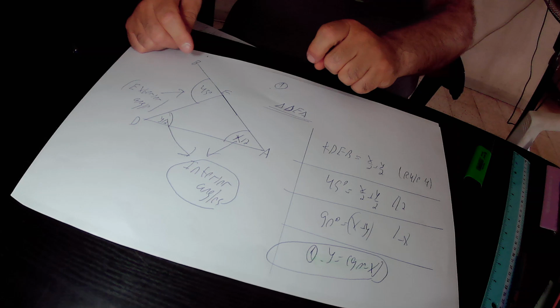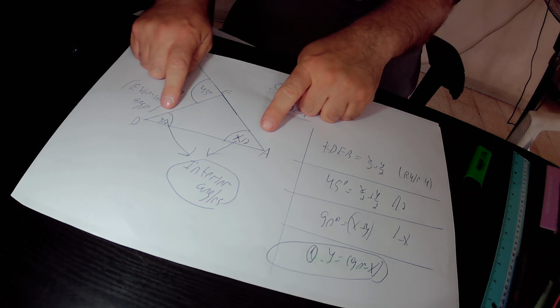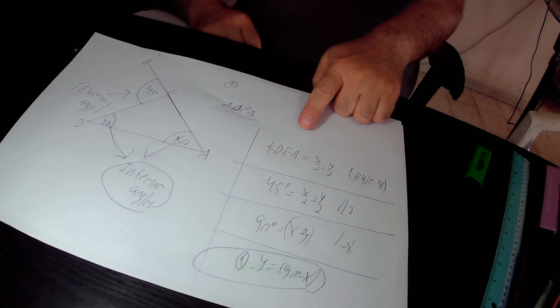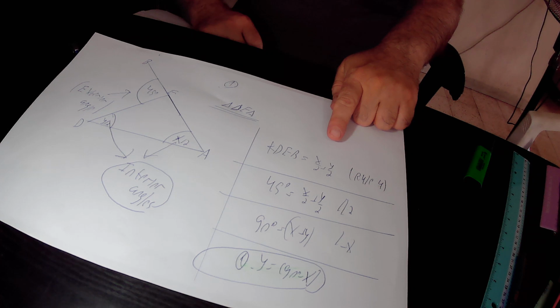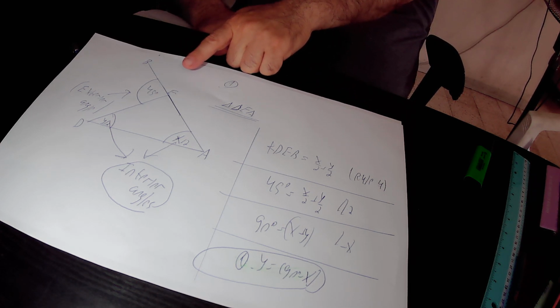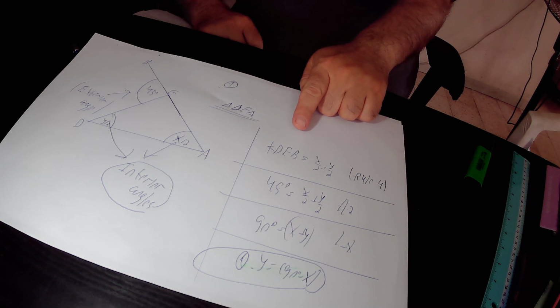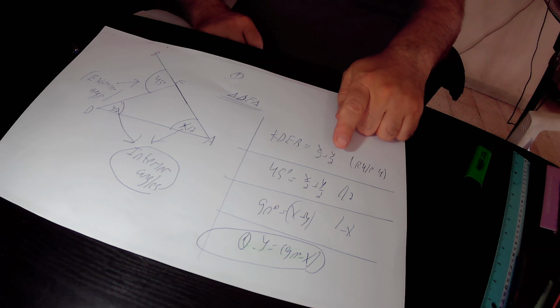So according to Rule 4, the size of angle BED equals x over 2 plus y over 2. Again, according to Rule 4, the size of angle BED equals the sum of the two angles that are not adjacent to it. That is to say, it equals x over 2 plus y over 2. But angle DEB equals 45 degrees, so we can substitute angle DEB by 45 degrees, and we get that 45 degrees equals x over 2 plus y over 2.